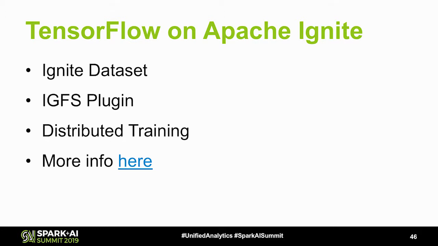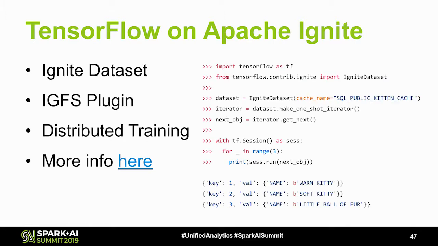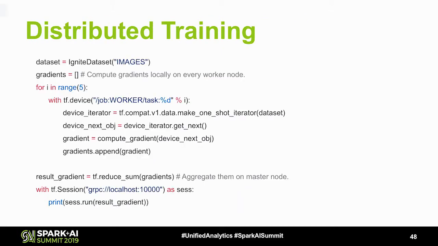First of all, it has Ignite dataset, which provides the ability to feed training data from Apache Ignite and train on them in TensorFlow directly. Also, there is an example of Python code with TensorFlow, where you can connect to Ignite dataset, grab data from there, and, for example, print it in a TensorFlow session. Also, it supports distributed training mode, as I said.